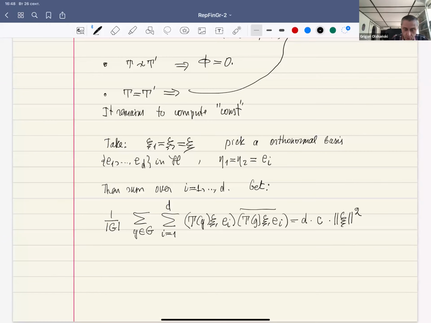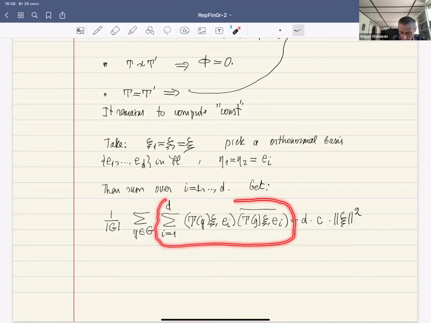Why? Because looking at this sum, we just get this variable, and because, yes, I think it's correct.